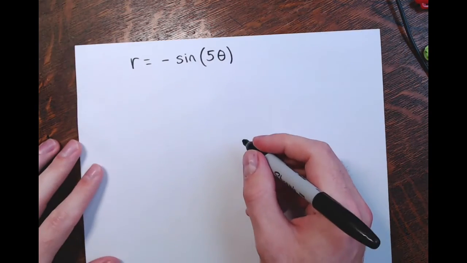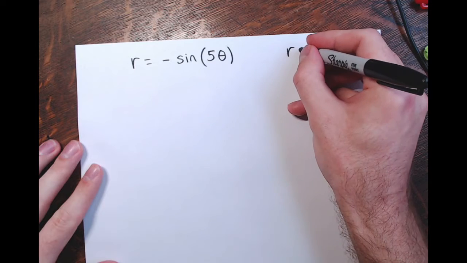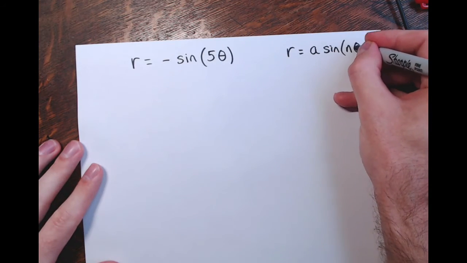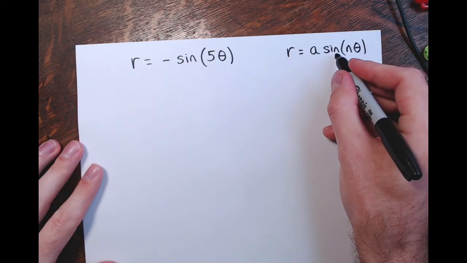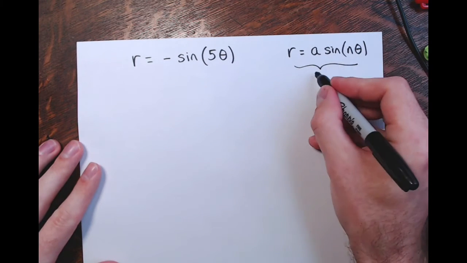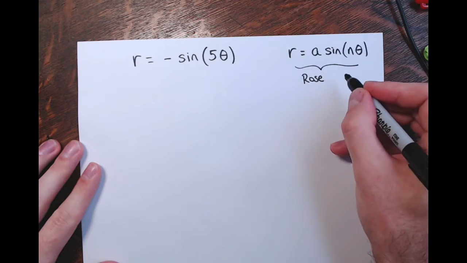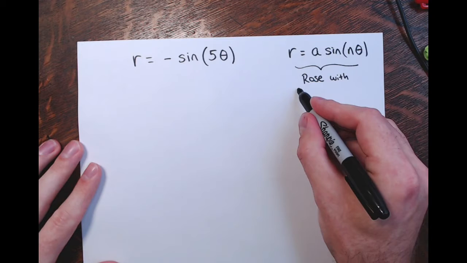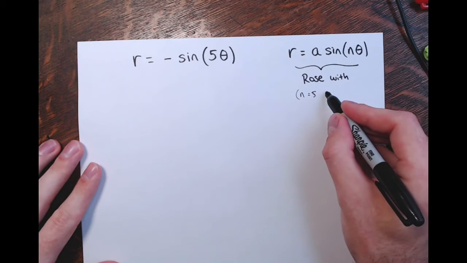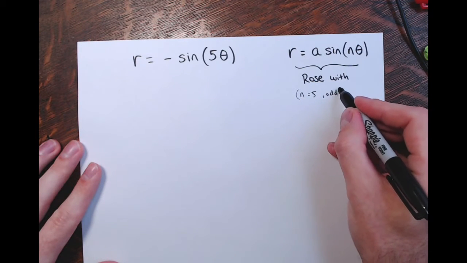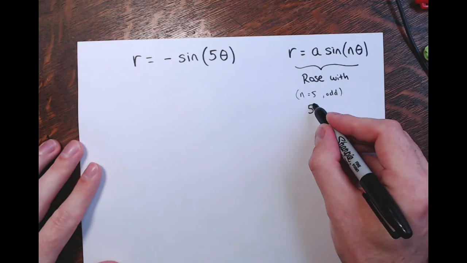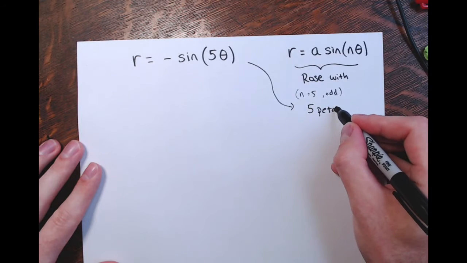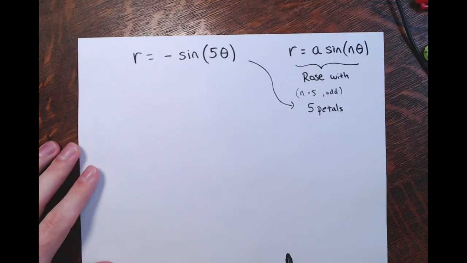So you see here this is in the form r equals a times the sine of n theta, or cosine, but if you recognize this is going to be a rose curve, now since n is odd, n equals 5, an odd number, it's going to have 5 petals. This is going to be a rose curve with 5 petals.